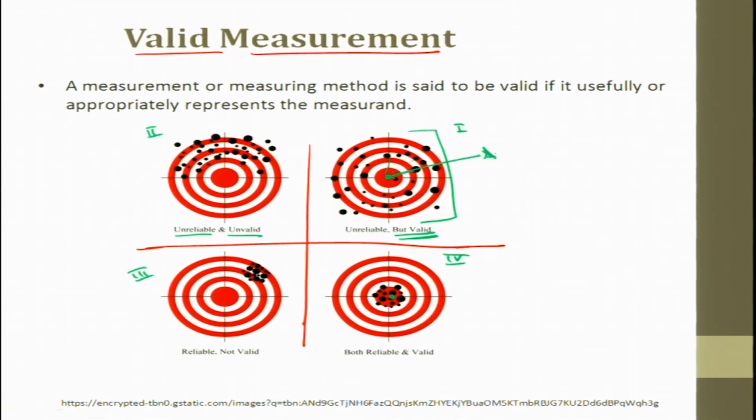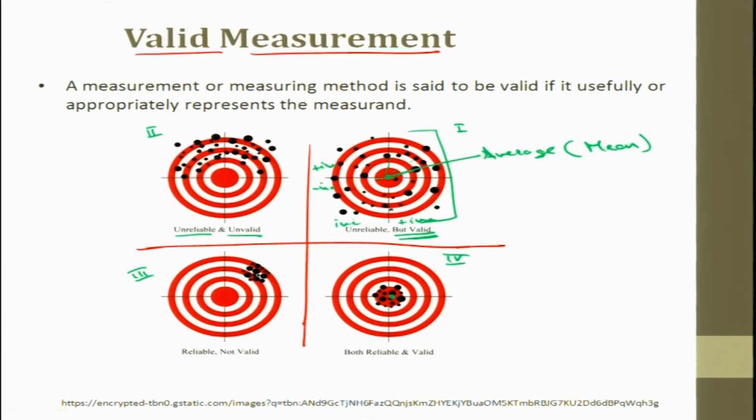This is the average, or in statistical terms we call it the mean, the distance from center. Now, if I take this as the positive direction and this as the negative direction, and so on.